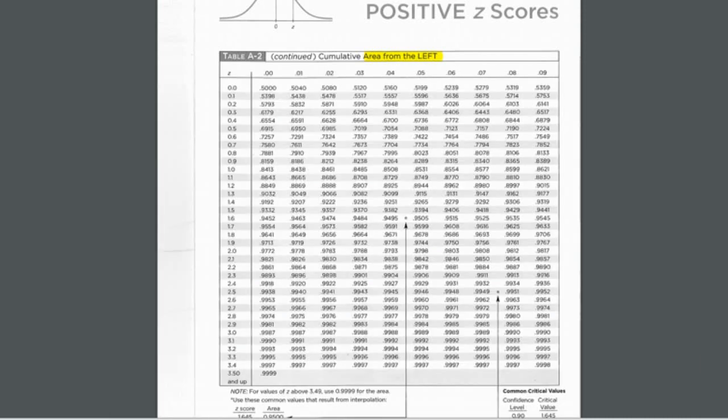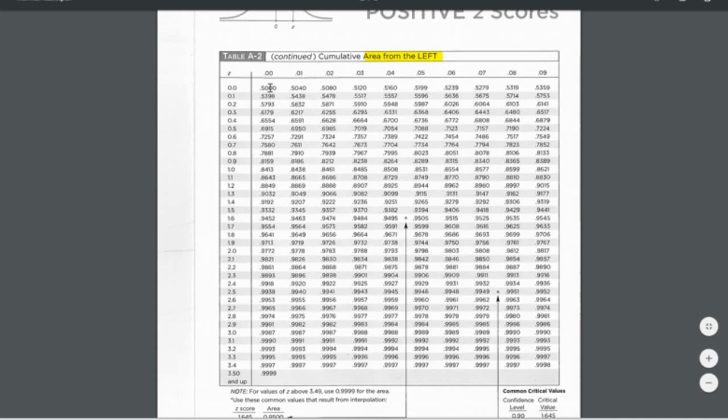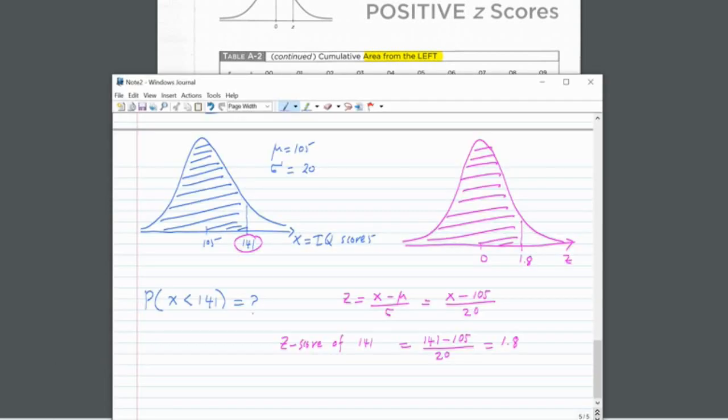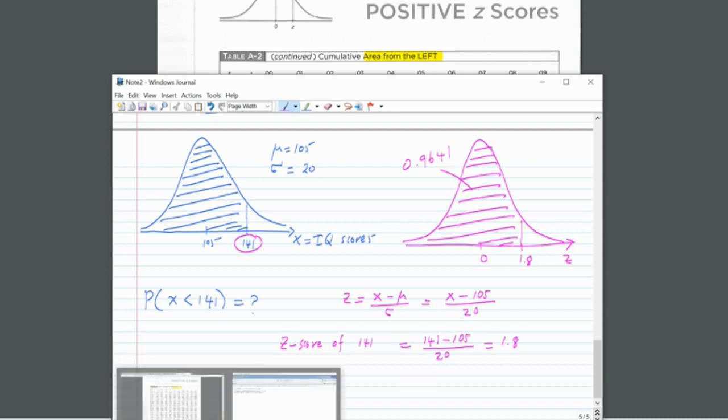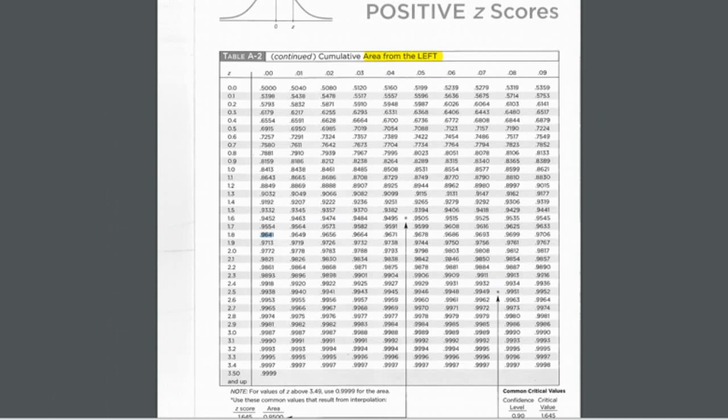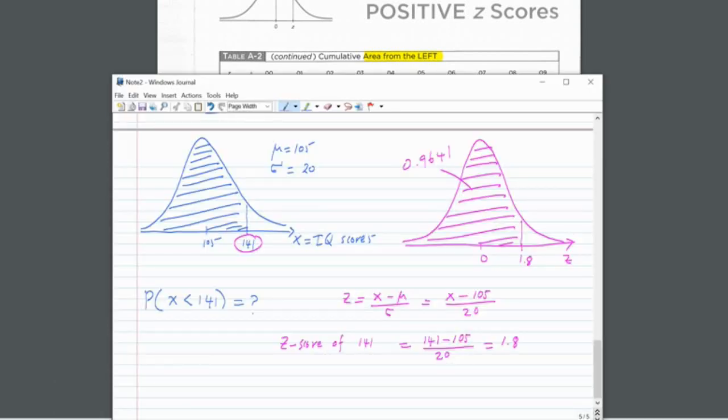So 1.8 is here, 0 is there, so for that z value, the area is 0.9641. So therefore this is 0.9641, and that should be the probability.